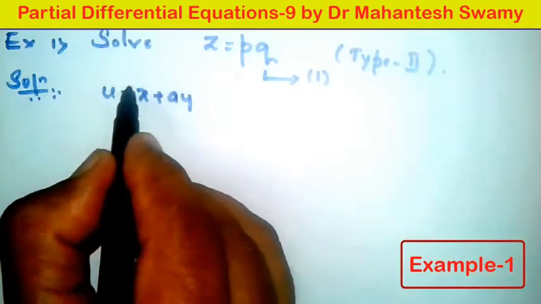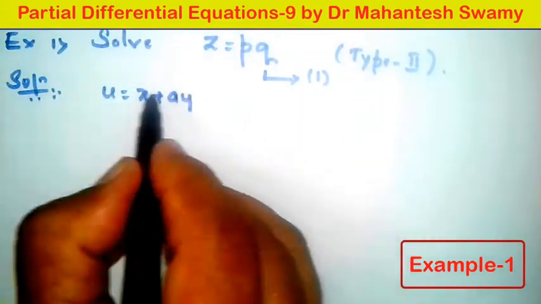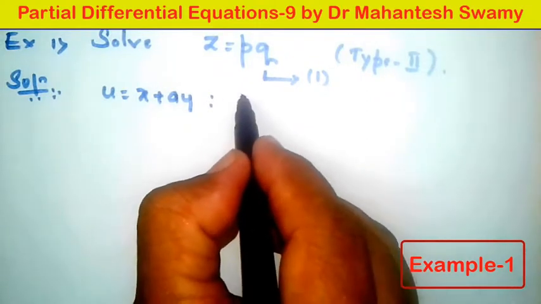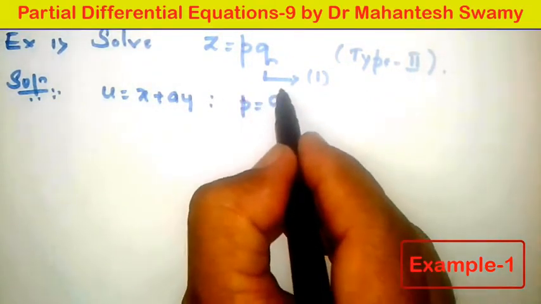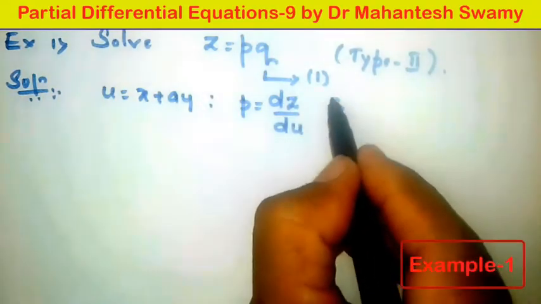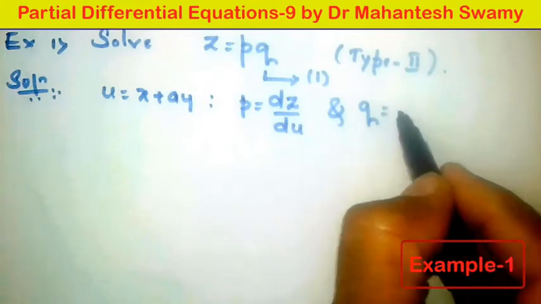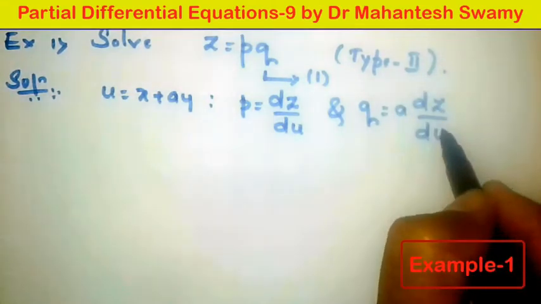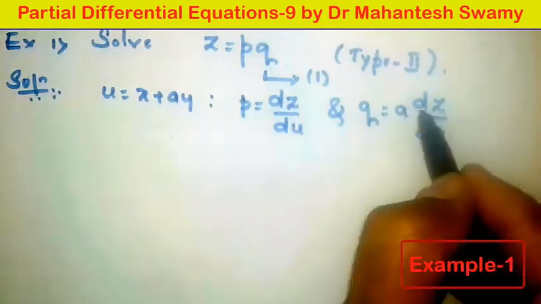If we consider this substitution, we know that p becomes dz by du and q becomes a into dz by du.